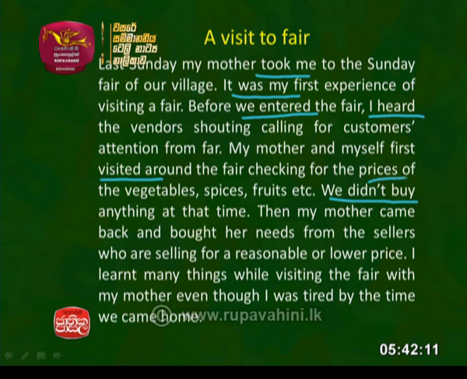Anything that time. Then my mother came back and bought. Sellers were selling at a reasonable, all over price. Learned, past tense, fair with my mother even though I was tired by the time we came home.